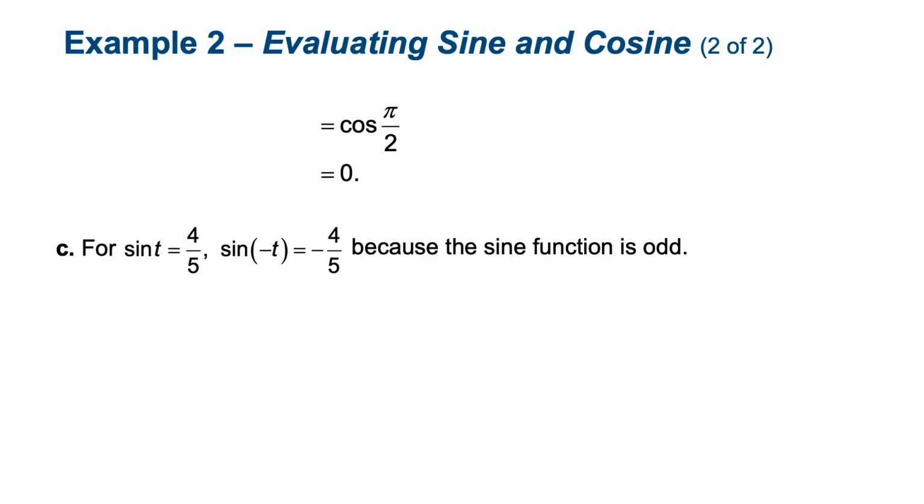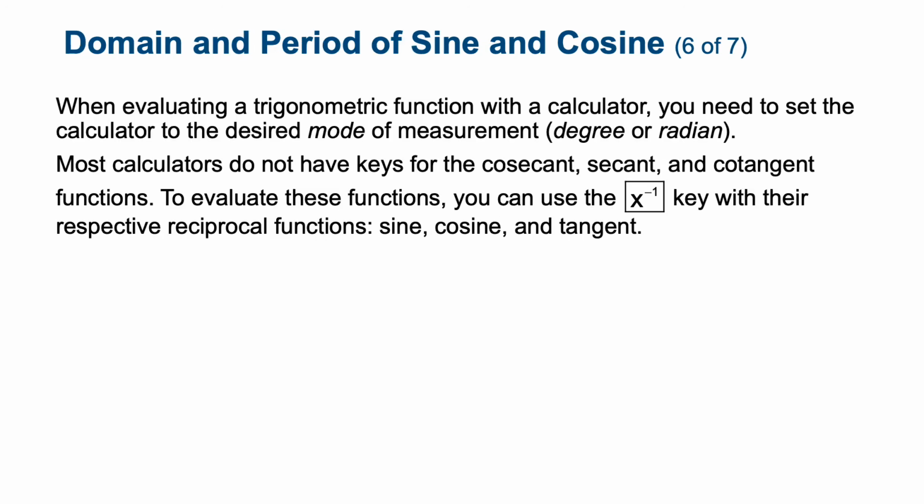Similarly, if sine of t is equal to 4/5, we know that sine of negative t will be the negative of this because the sine function is odd. So we use these properties that we're learning about the trig functions to help us figure out different ones. Okay, so let's use a calculator.